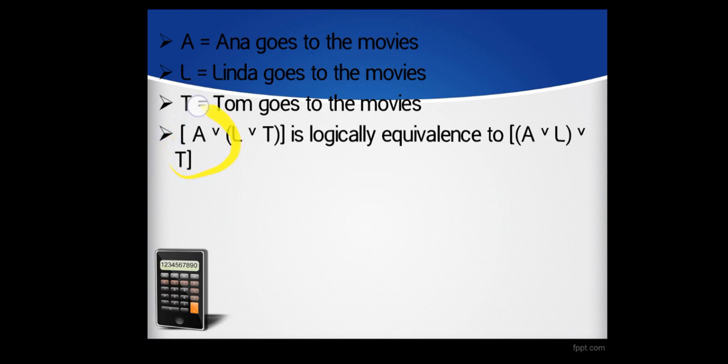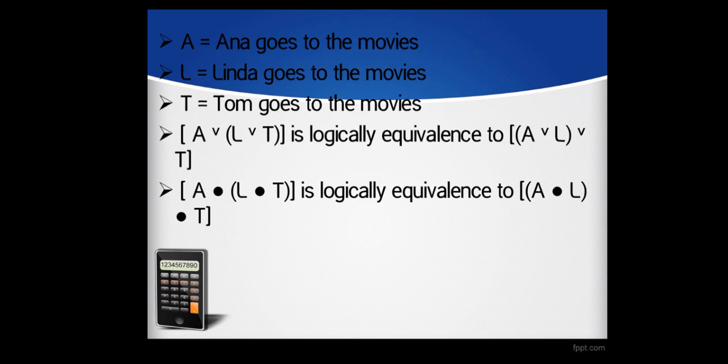Or Anna goes to the movies, or Linda or Anna or Tom goes to the movies. Or we also can say that Anna or Linda goes to the movies, or Tom goes to the movies.